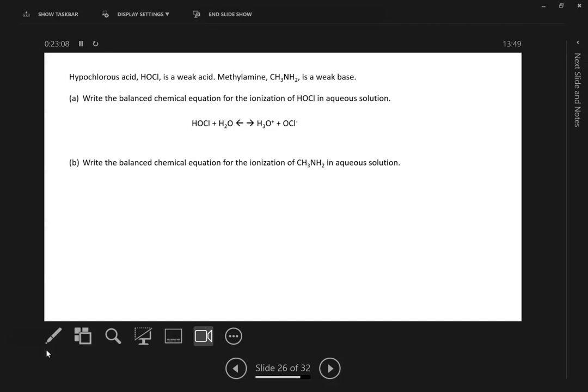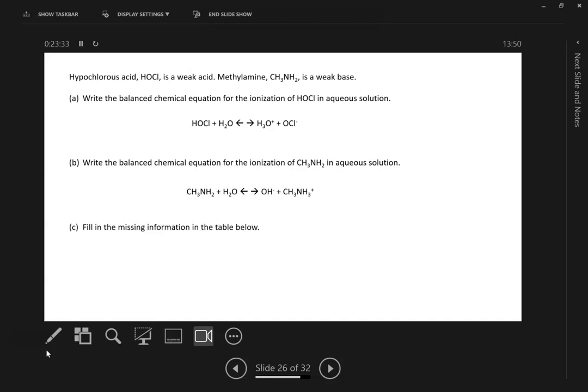Part B says write the chemical equation for the ionization of methylamine. Methylamine, being the base, is going to accept one of the H's that the water donates. So when we write that equation, we end up getting OH minus and CH3NH3 plus as products for this reaction.